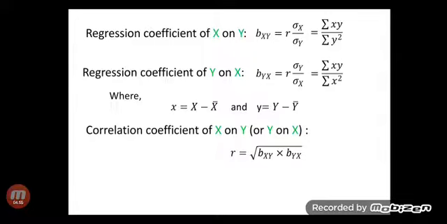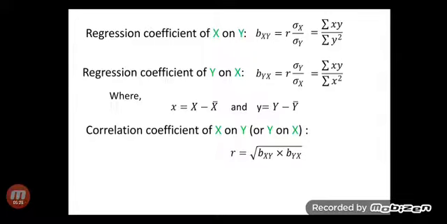That is why r is equal to the square root of bxy into byx, that is the regression coefficient of x on y multiplied by the regression coefficient of y on x. So we may say the correlation coefficient is the geometric mean of the regression coefficients.